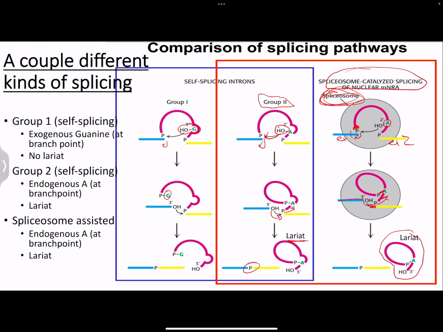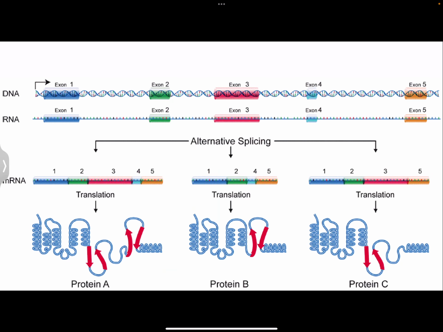It did leave, and then the same final step. This attacks there and causes that to go over. But because, again, it was exogenous, we do not have the cyclical lariat form. We just have this kind of linear structure right there. So there's a lot of similarities between them. There's much more similarities than there are differences. So I would just try to keep that in mind as you review the splicing.